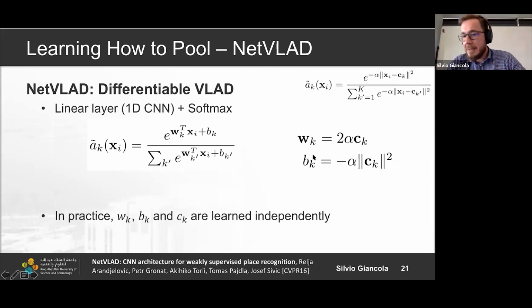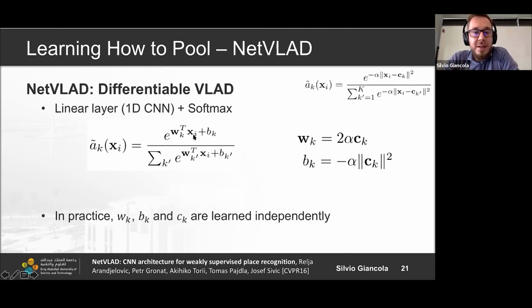Here there is a specific trick, that if you want to look at the math, basically what happens in the softmax between the different clusters is that alpha times the norm of x_i squared will cancel from the numerator and the denominator. So you end up with that specific formulation for that soft assignment.